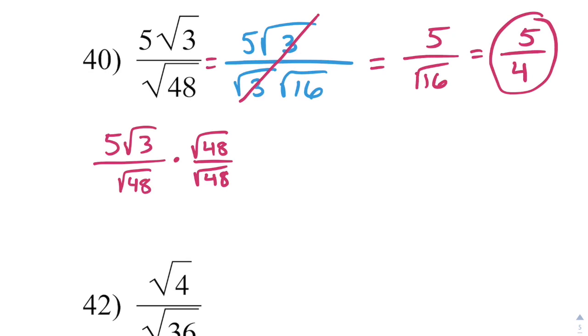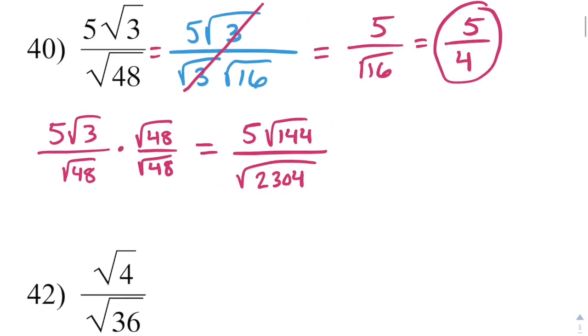What you'll notice is that the square root of 48 times 3 is 144. And the square root of 48 times the square root of 48 multiplied together is a really large number. Wait, let me get my calculator. 48 times 48 is 2,304. But you know what I know about this?